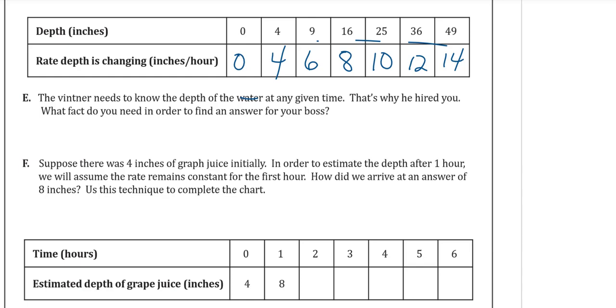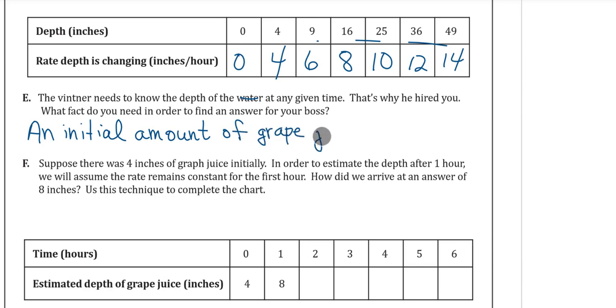So we need an initial amount of grape juice. Okay, so let's say, suppose we started with 4 inches of grape juice initially.